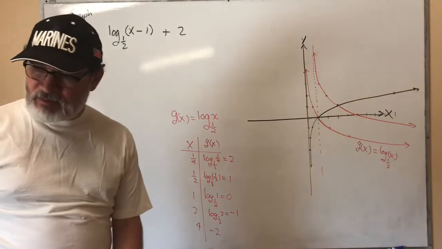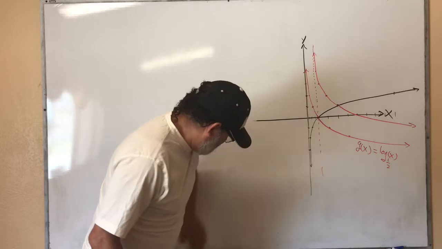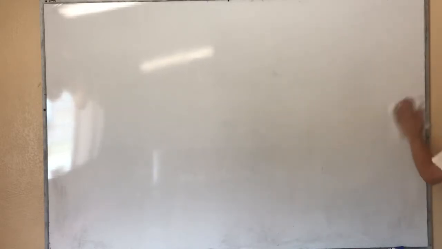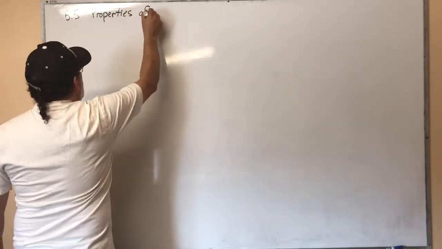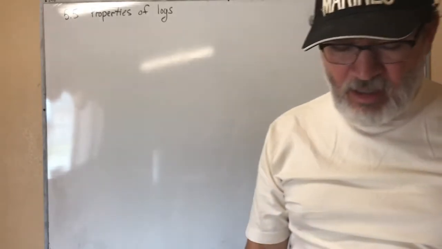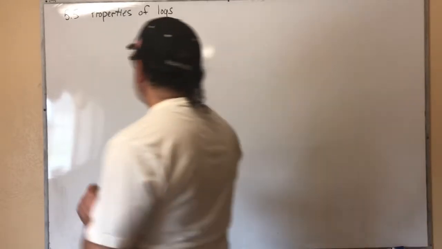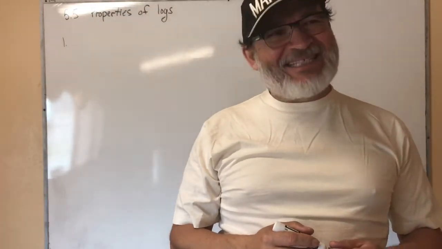Properties of logs. The first property. Property number 1, given in the book, is log base A of 1 is 0.